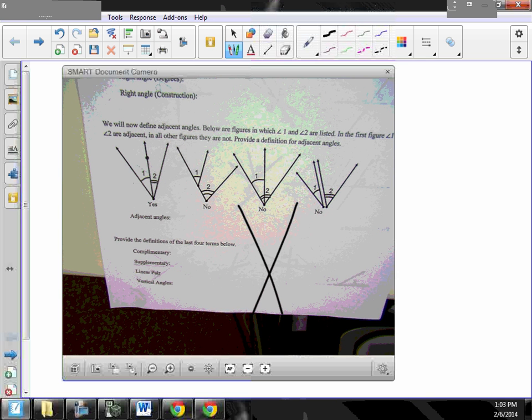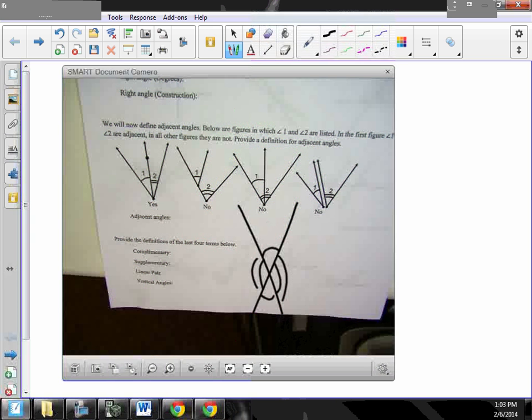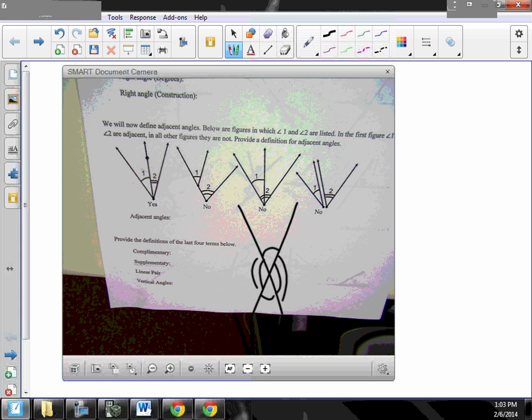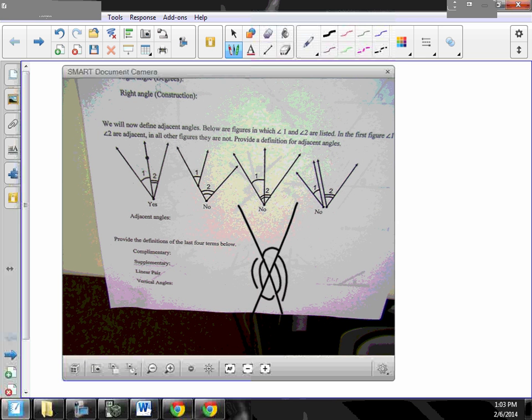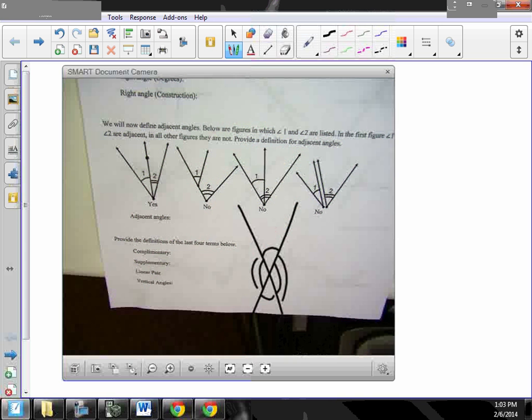And so this angle equals that angle, and this angle equals that angle. So how would we define that? Let me start you out. Angles created when two lines intersect. Well, that's kind of given, right? It's always going to be 360.